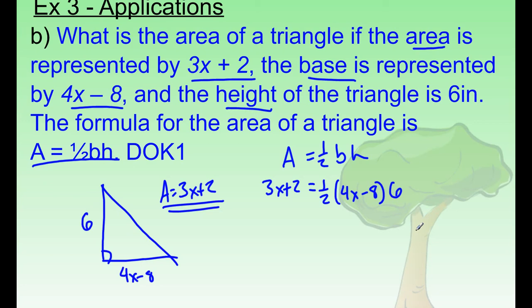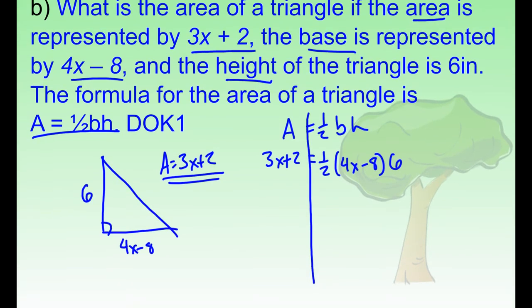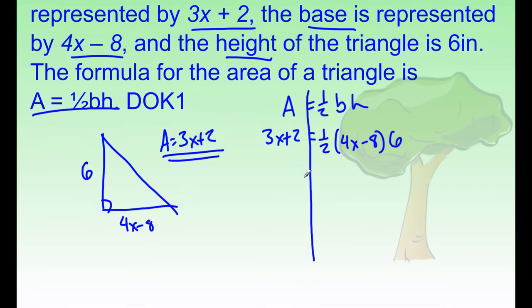So let's see if we can solve this. I believe we can. I only see one variable, the same variable, and I don't see anything too terribly ugly in the problem besides some of this math. So let's see if we can find what this x value is. Well, 3x plus 2. Oh, I see, over here I need to simplify. I've got 1/2 times this stuff times 6.